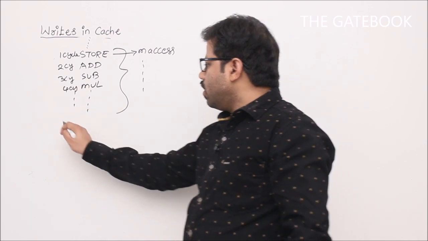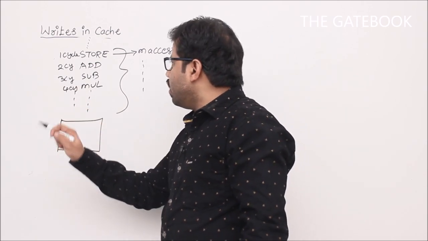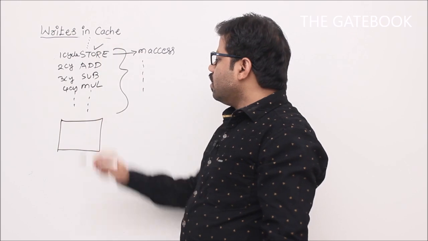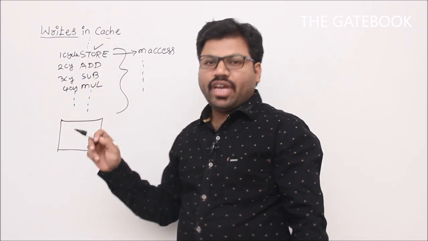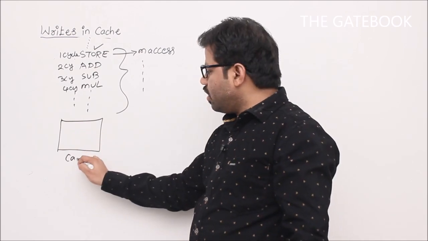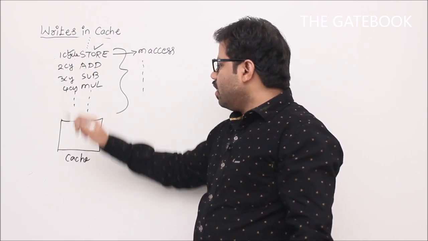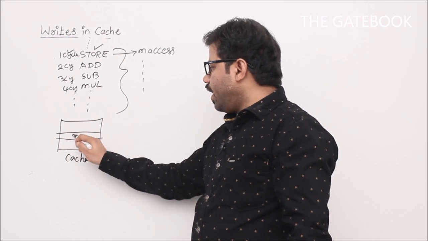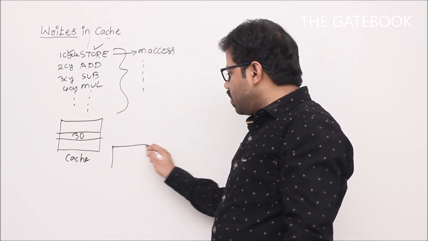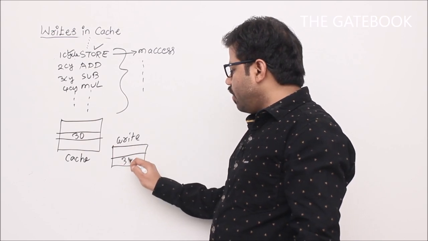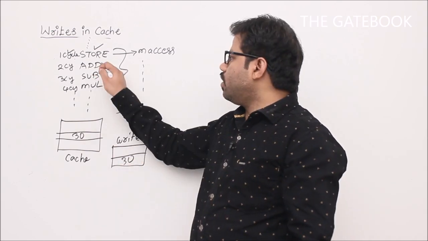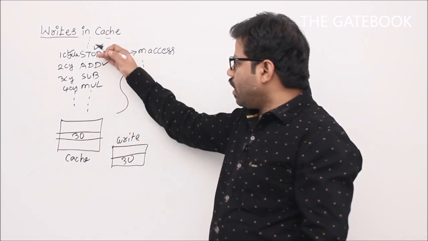Now you see we are at the store instruction's last stage. What is the last stage? Updating the data in the main memory. For that we use cache, correct? So within one cycle we will come to the cache and we write that 30, and in the same cycle we write in the buffer also, right? 30, and we go. Then we execute add instruction, everything, we continue.